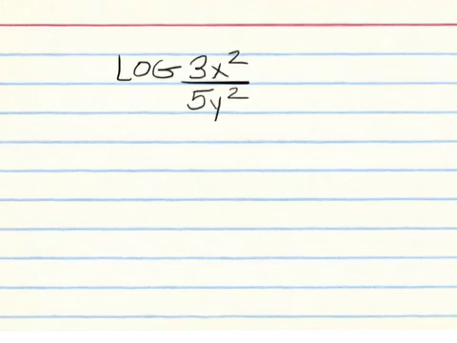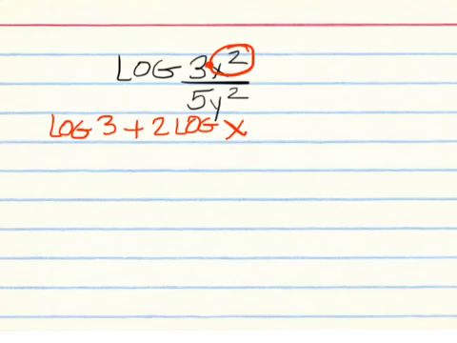The solution for the practice problem, you're going to start off with log 3 plus 2 log x. You can break up these two here as plus, but remember with this one you have to move the 2 out to the left. Now when I have division, I can subtract, but if you're subtracting everything in the bottom, you want to put parentheses around it to start with and have log 5 plus 2 log y.